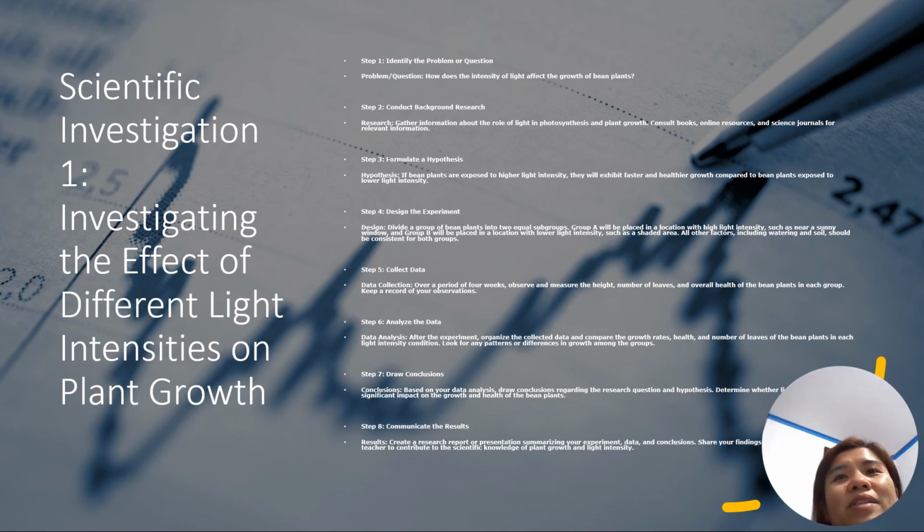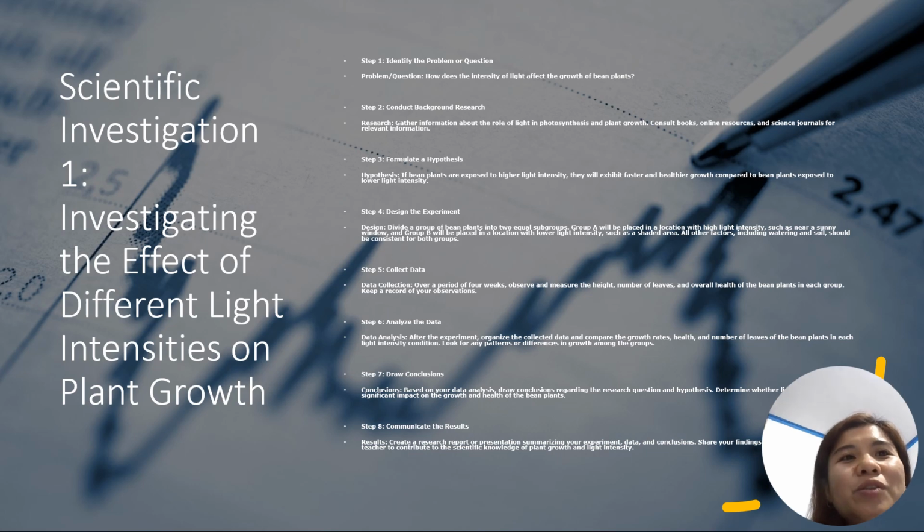Of course, you can vary these answers depending on whether you really perform the experiment. So this is just a possible answer.